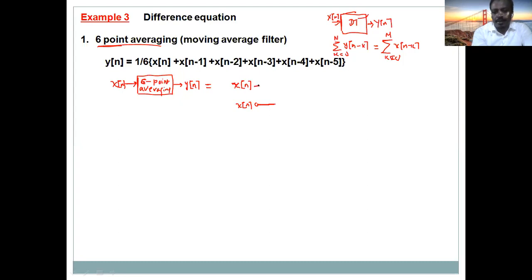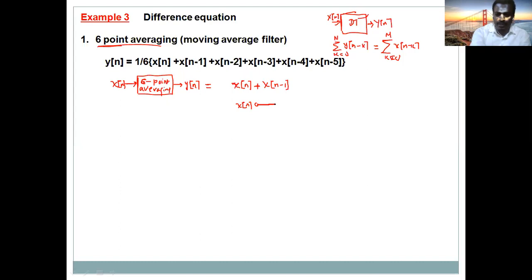Then plus the last value of the input, x of n minus 1. This is delayed by 1. The input x of n is the present input, the input at this time. X of n minus 1 means the sample before one sampling time.